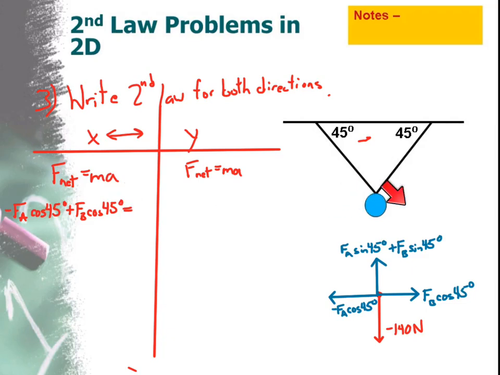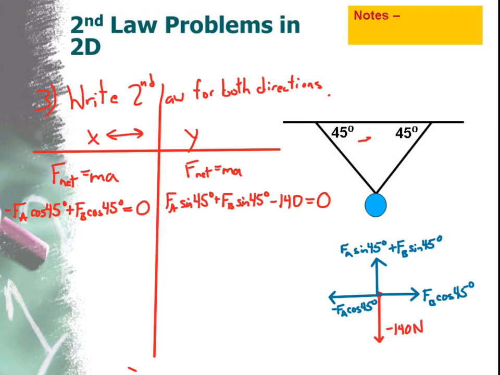Well, the acceleration in the X direction is 0, because I'm assuming that this ball is not changing velocity. So let's set that equal to 0. And for the Y direction, I have to add these forces and this force and set those equal to mass times acceleration in the Y direction. Well, is my velocity changing in the Y direction? No, it's not. So I'm going to set the acceleration equal to 0.